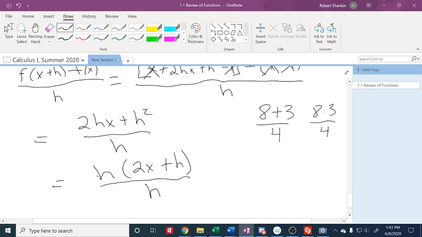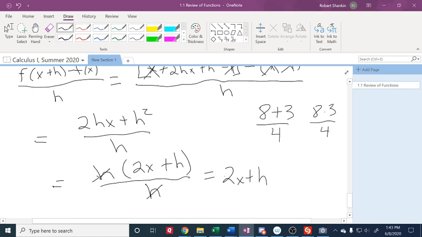Now, what I've done is this first expression here was really like this, two things added together that I can't cancel. This expression is really like this thing times this thing over this. Here the 4's could cancel, here the h's can cancel. And that's what factoring does for us, turns an addition problem into a multiplication problem. So then I take this h and cancel it with this one, and I get 2x plus h.